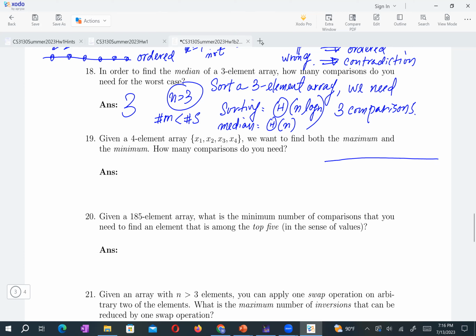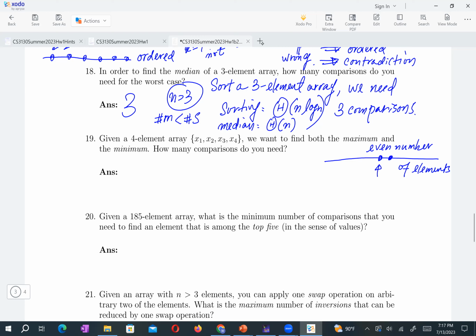So when you have an even number of elements, we need to find a median. In this case, there are 2 elements in the middle, a similar situation in the middle.